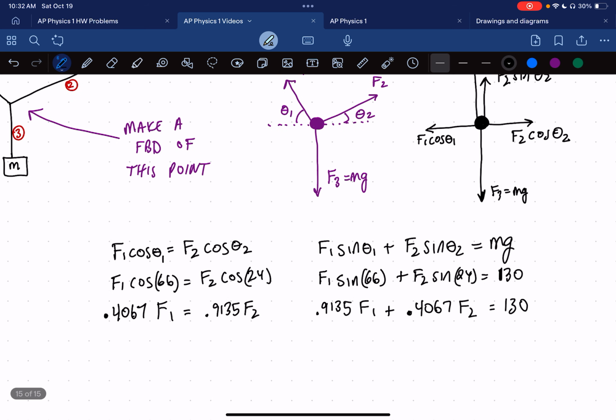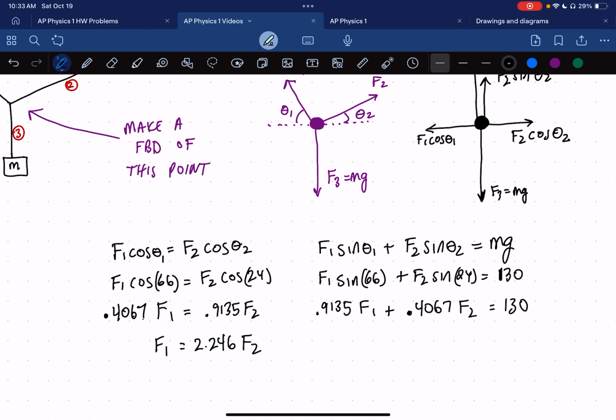Now these equations alone, they're separate, you can't solve them, but let's try to get one. Let's try to say something like F1 equals, so we're going to divide both sides by the 0.4067. I get 2.246 F2, right?